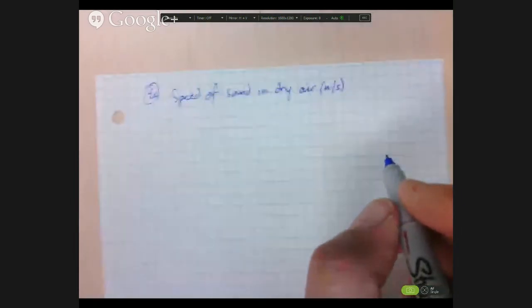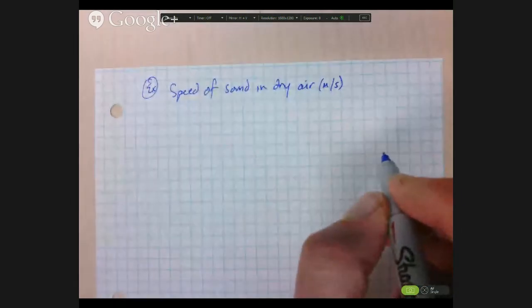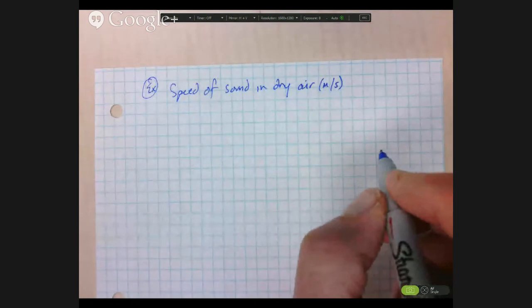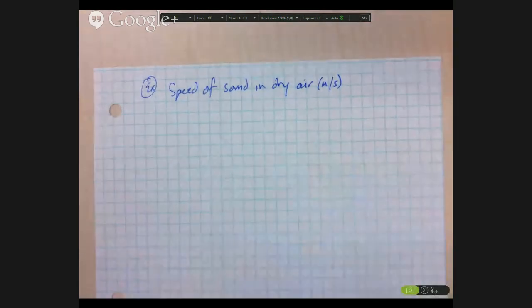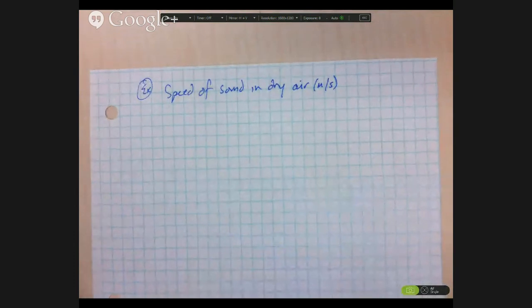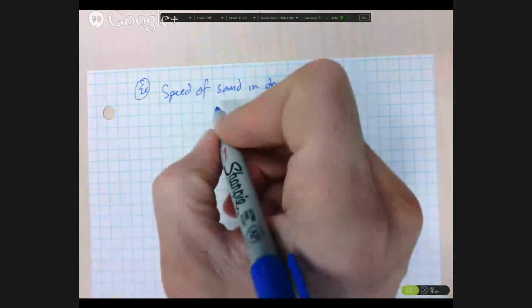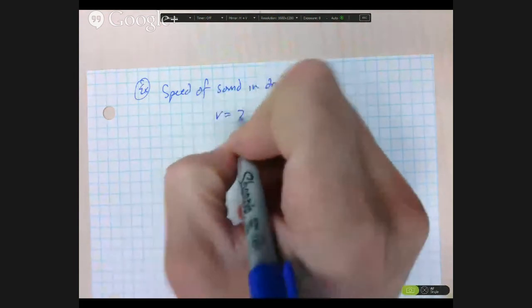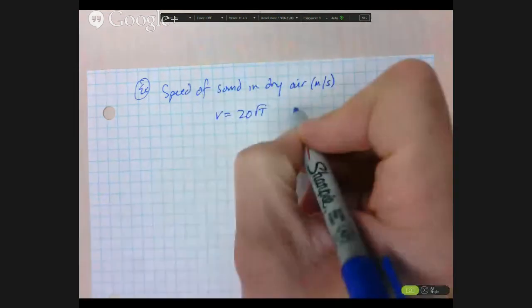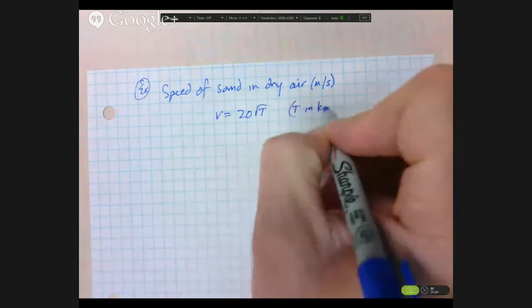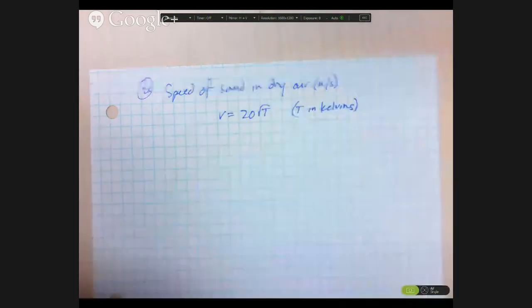And it does vary. Humidity does slow the speed of sound down, which is kind of interesting, because if the air is more dense, it's going to travel more slowly. This is the formula: v equals 20 root T, where T is in kelvins.